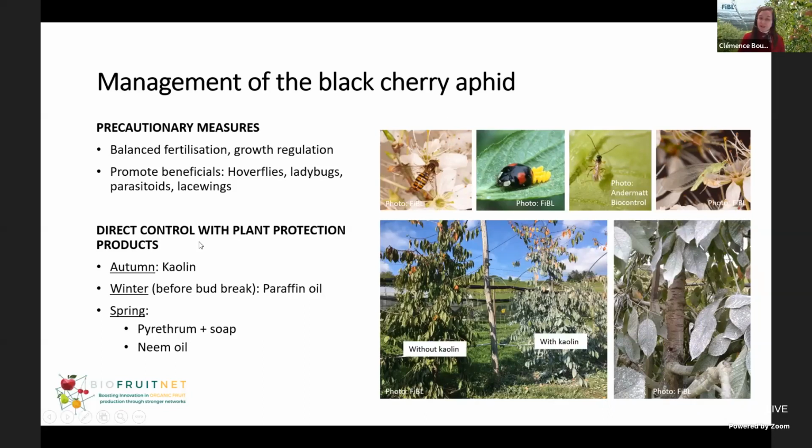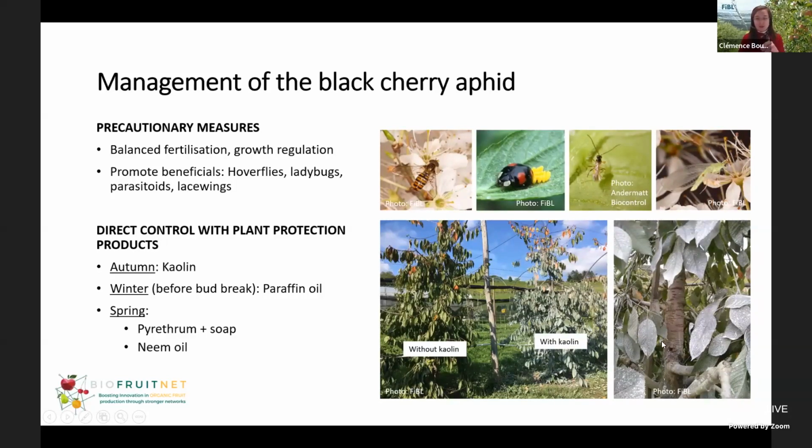And then you have direct control measures with plant protection products. One of them is more preventive, which is kaolin. This is a white clay mineral that you can spray in autumn. Here in the picture, you can see a tree without kaolin and one sprayed with kaolin. It gives a white layer to the leaves and makes the tree less attractive to the aphids.